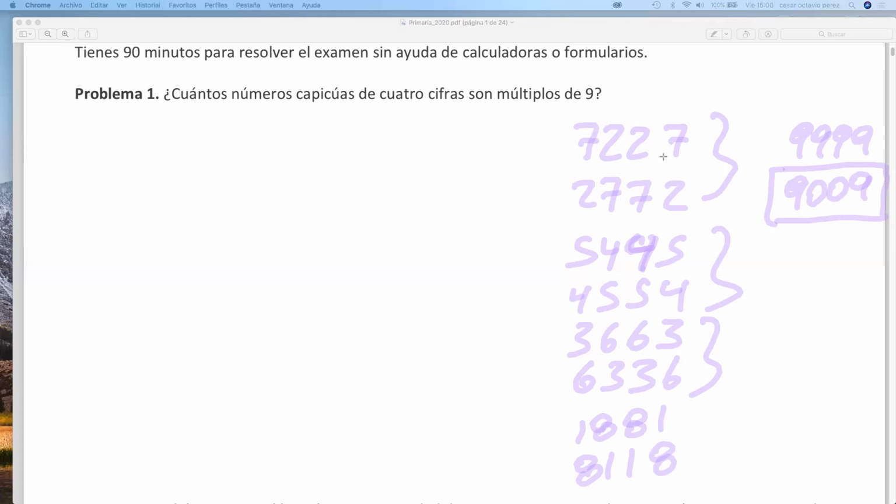You solved this problem by making a table. Hiciste una tabla. ¿No? ¿Cómo lo pensaste entonces? Well, there were 2 forms of a 4-digit palindrome. It could be like 5445 or like 7227.